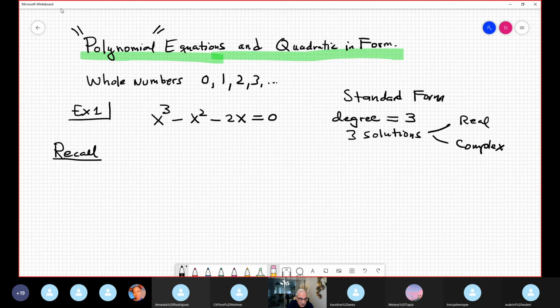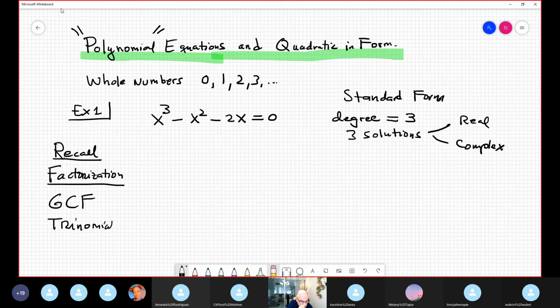because we always solve it in the same way, using factorization. For factorization, you need to remember GCF, greatest common factor. You need to remember factorization of trinomials. You need to remember factorization by grouping.